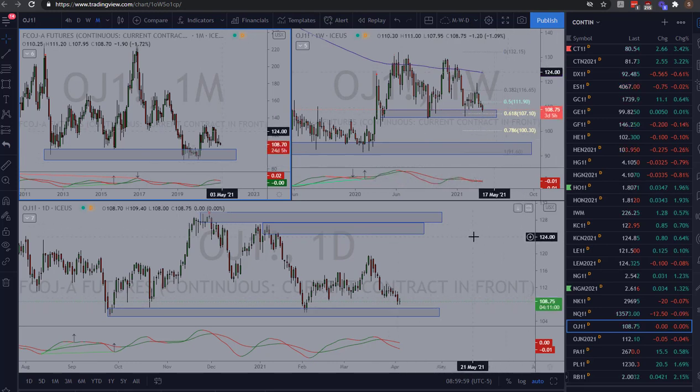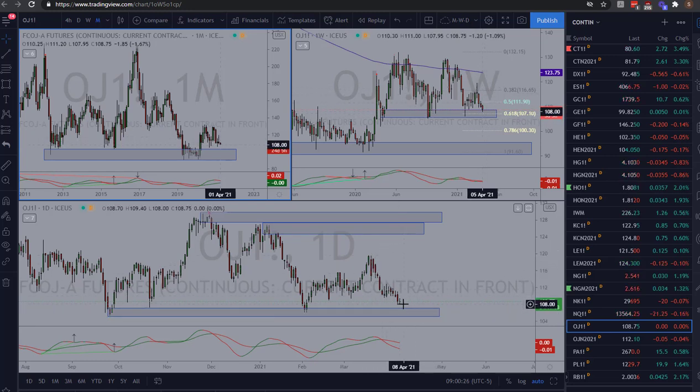So the question is, will we get an early entry for this seasonal trade, or will we need a little bit more time to let it play out? What I'd like to see is how we react at these levels, specifically the 108 to 106 range, coming down a little bit further on the daily chart, and have some type of reaction.